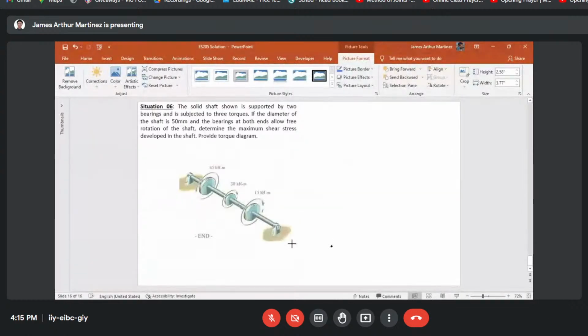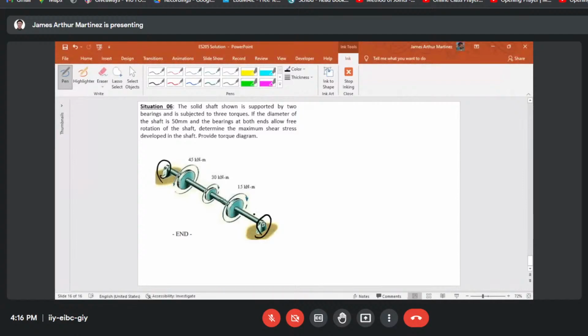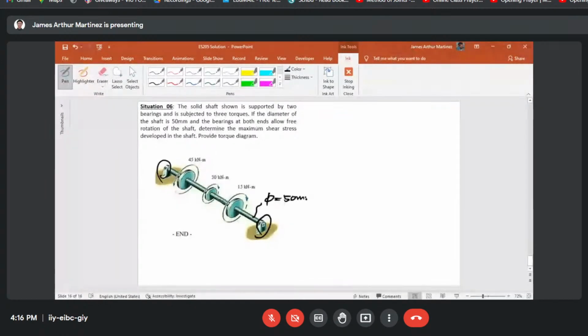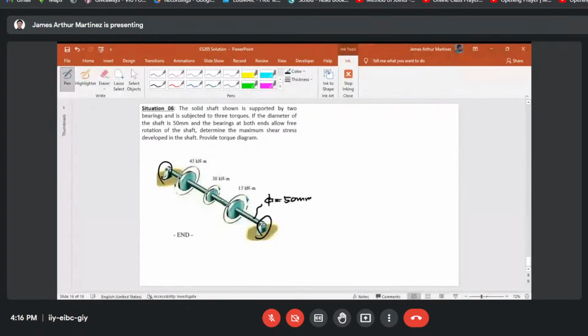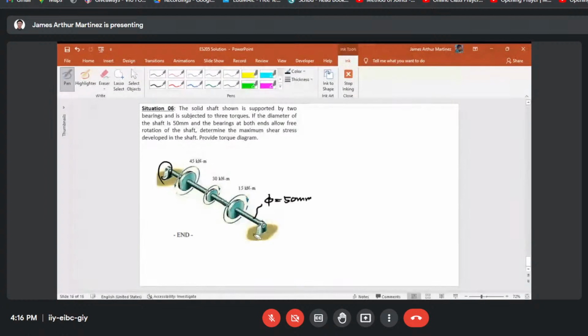Okay, so we now have here the figure with rings at the ends, and the three given torques. If the diameter of the shaft is 50 millimeters, the bearings at both ends allow free rotation of the shaft, so there is no resistance from the bearings at both ends.